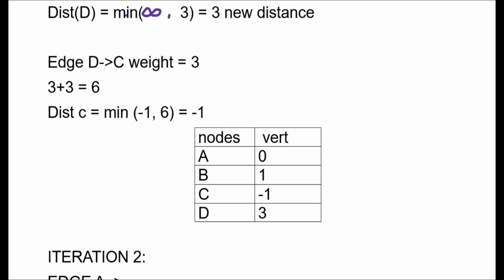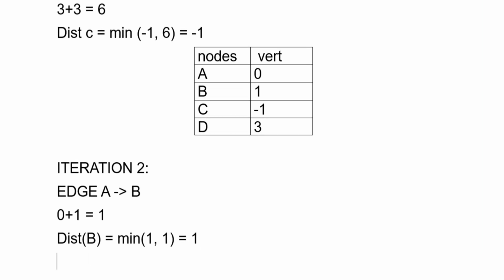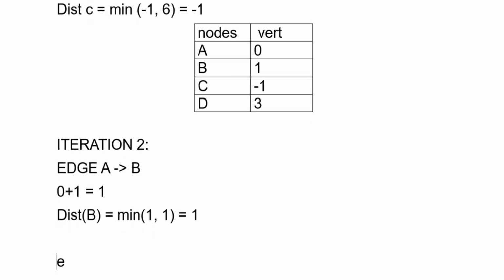So we need to calculate the distance of B, which is the minimum of 1 comma 1, equal to 1. This is the minimum. No updates because the distance remains 1. It is already the minimum.